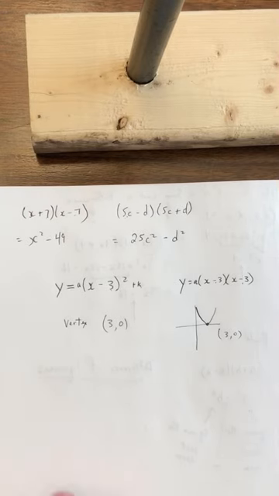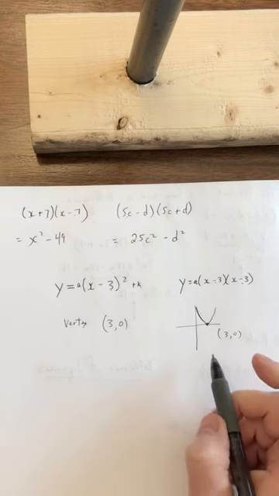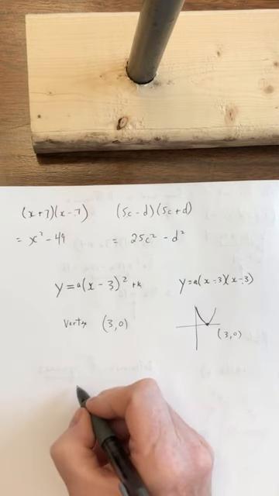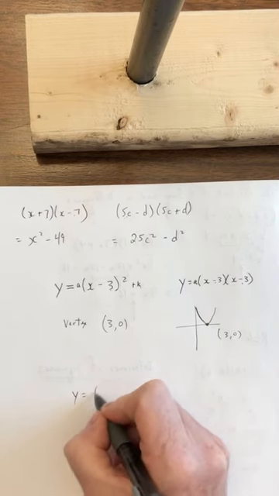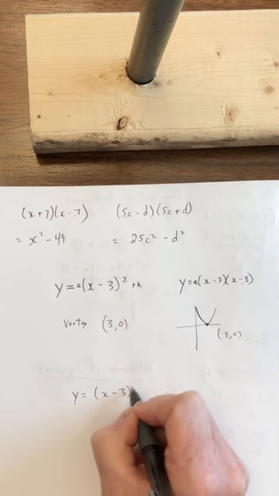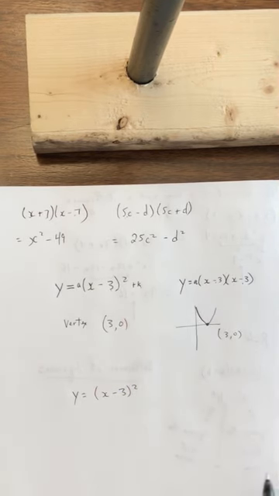If we want to change this into a standard form, we can expand this out. So y is equal to x minus 3 squared. That was our original formula.